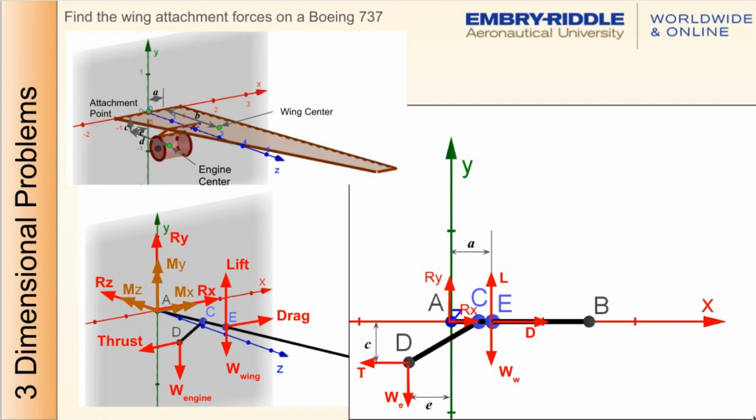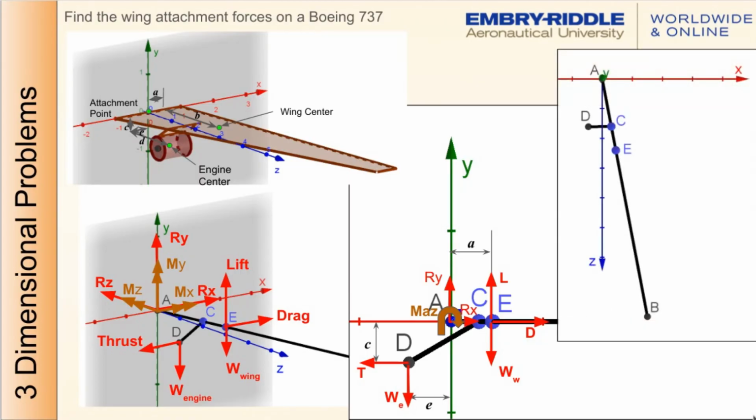Here we haven't included anything in the Z direction. And here's the moment. Again, it's a negative moment as we drew it, so we assume a negative direction, which is clockwise.